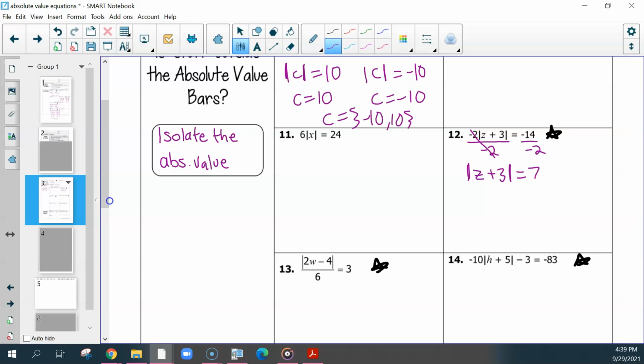So now that we have isolated the absolute value, I can set this inside equal to a positive 7 and a negative 7. And since I cannot do anything on the inside, I can drop the absolute value signs.